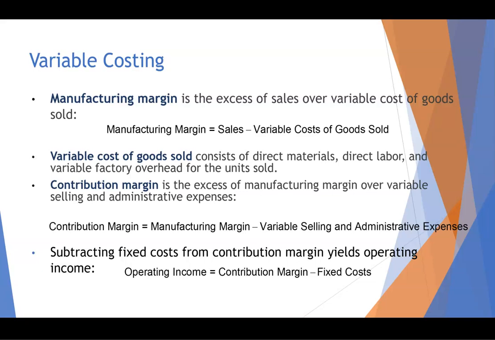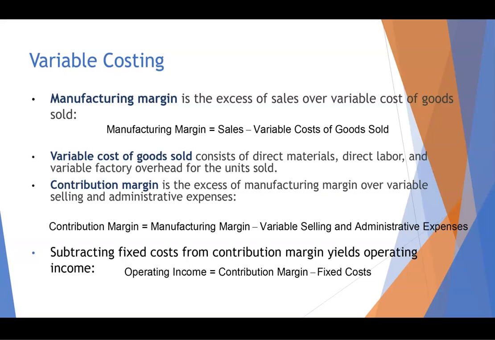Manufacturing margin is what we show as the excess of sales over variable cost of goods sold. Variable cost of goods sold are the direct materials, direct labor, and the variable factory overhead for those units sold. We get the contribution margin, which is the excess of the manufacturing margin over the variable selling and admin expenses.